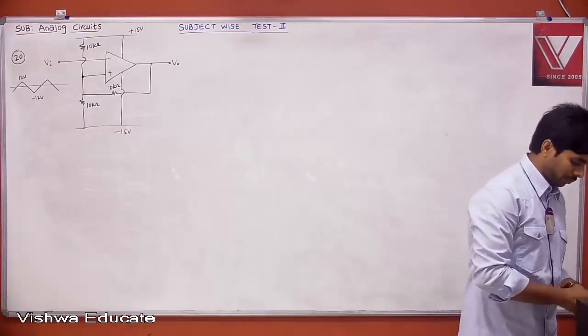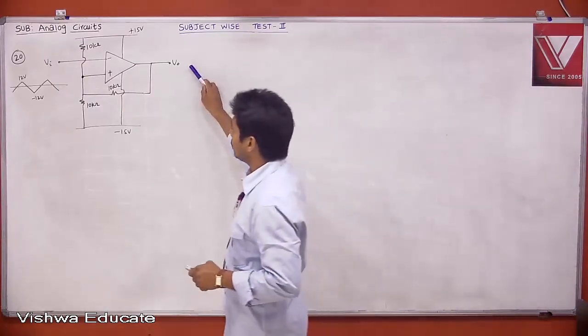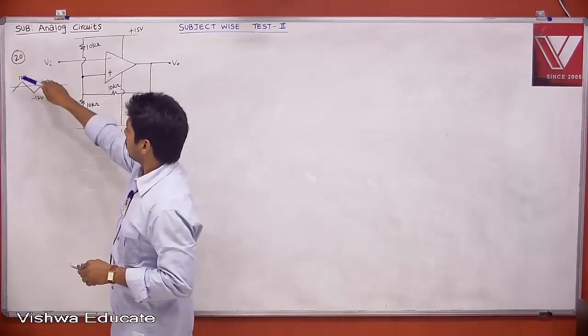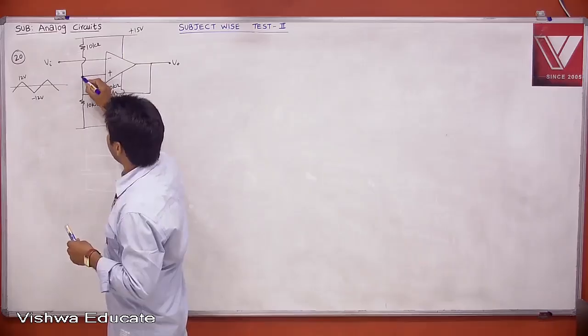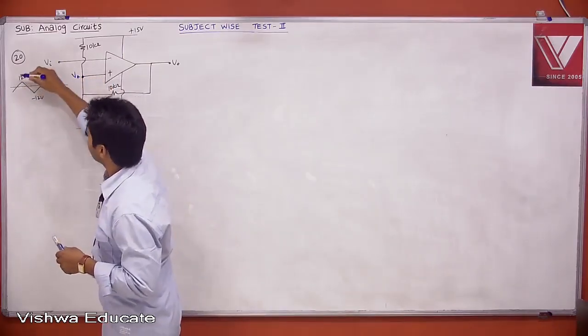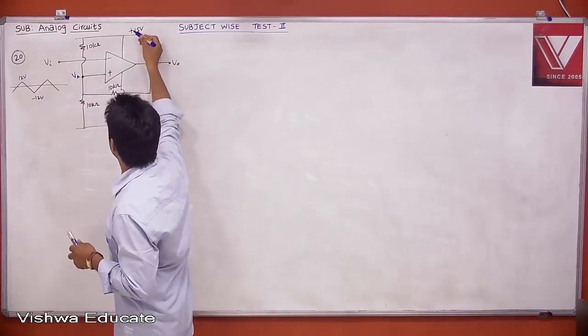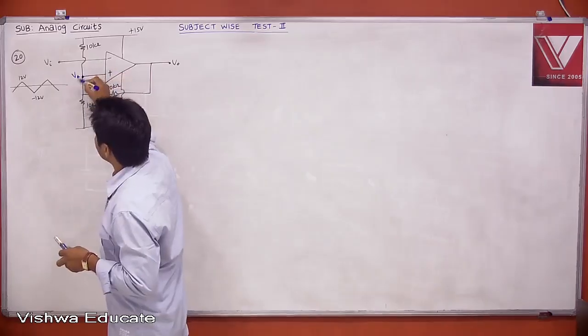If the output is switching between plus 15 and minus 15, and the input is a triangular wave of plus 12 to minus 12, then what is the voltage at this point? Let us say this is your VA, that is what is switching.